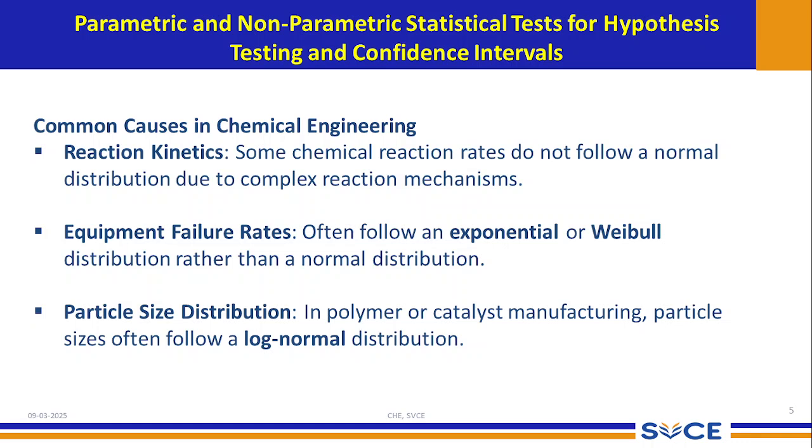Particle size distribution is another example of non-normal data. In polymer or catalyst manufacturing, particle sizes often follow a log normal distribution.